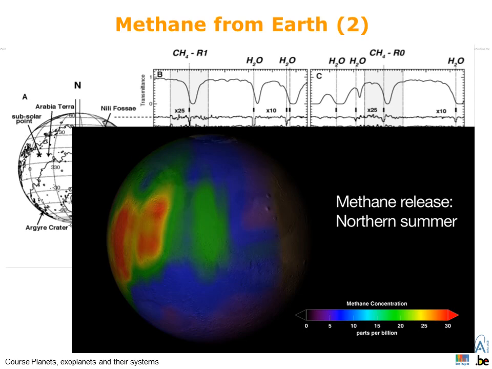Converting those absorption amplitudes into abundances, those maps could be obtained, combining all the measurements. A clear maximum of abundance is observed at the equator, reaching about 30 ppb, or parts per billion.